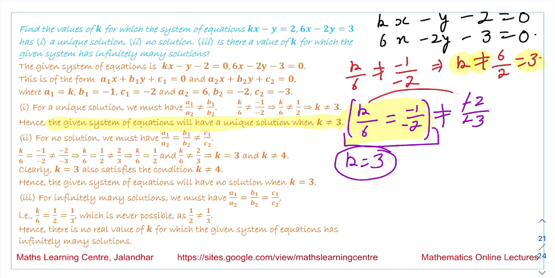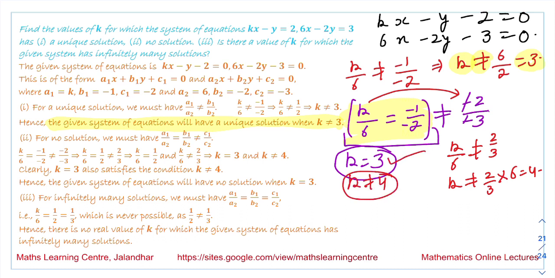Now if we consider the first and last, we get k by 6 should not be equal to 2 by 3, it means k should not be equal to 2 by 3 into 6, equal to 4. So k should not be equal to 4, and it is already satisfied over here. So the given system of equations will have no solution when k is equal to 3.